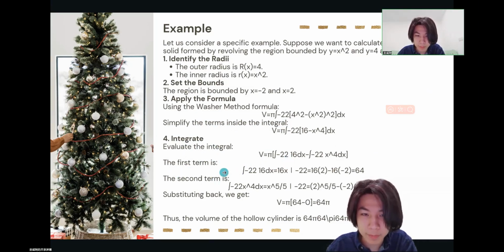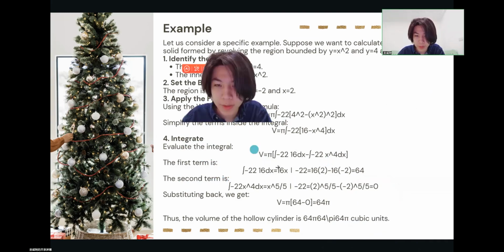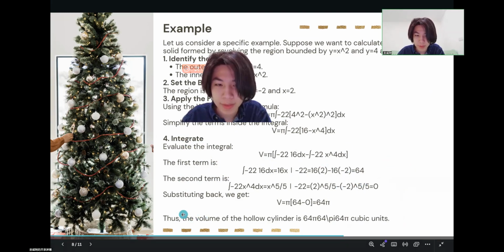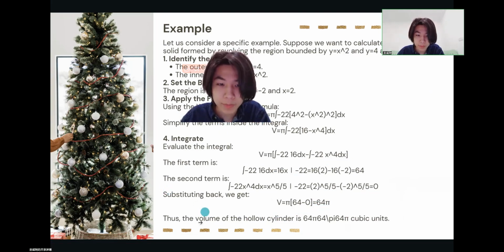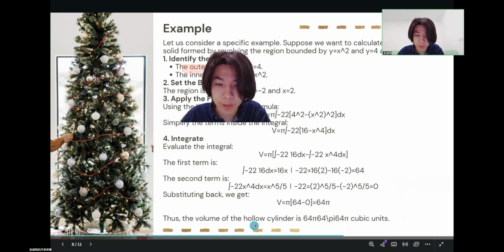The first term and the second term are equal to this and this. Then substituting back, we get V equals pi times 64 minus 0, which equals 64 pi. Thus, the volume of the hollow cylinder is 64 pi cubic units.